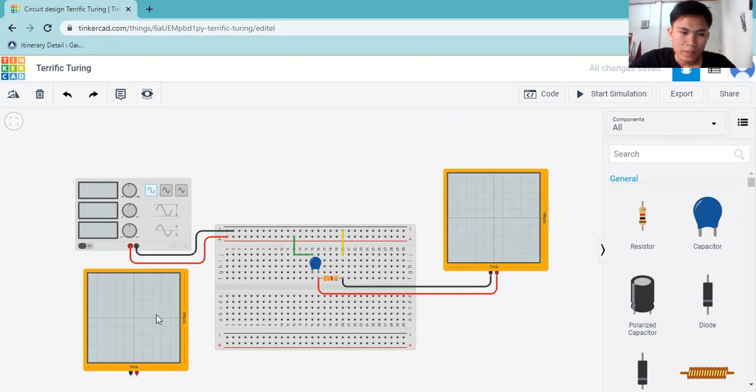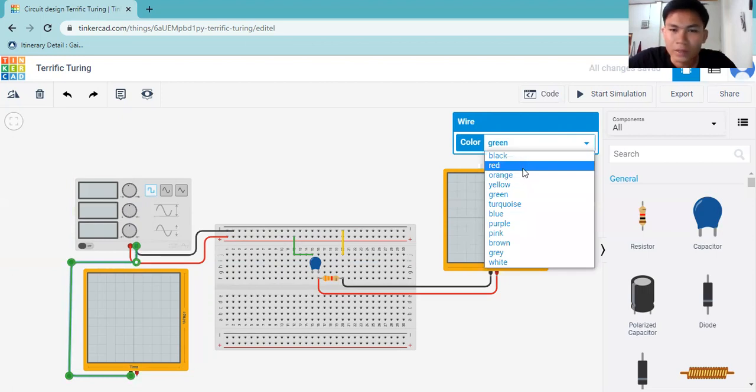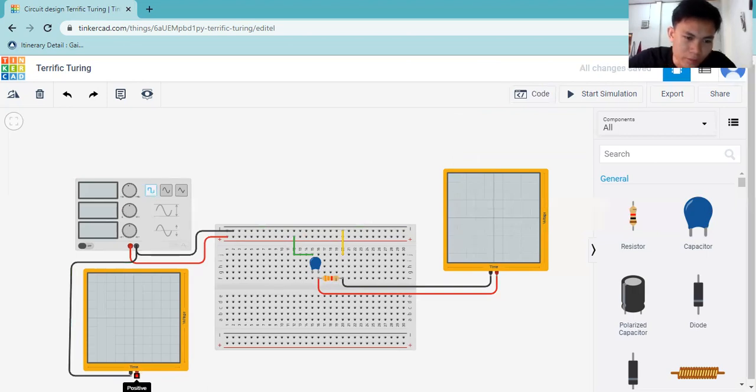In this part of the experiment, we will measure the source, and this one to be black, and also this red part.